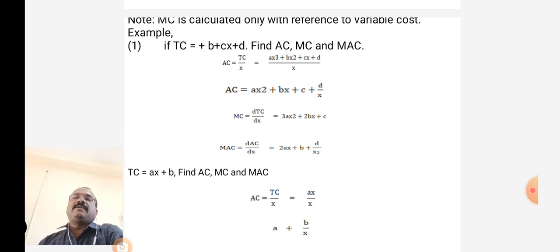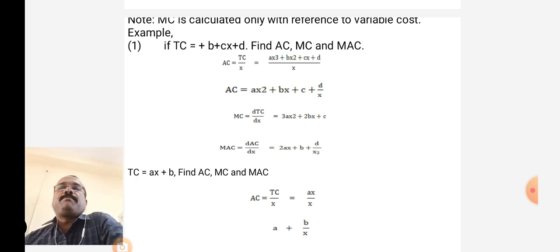The second is how average cost is derived. Average cost is also derived like this: AC equals ax square plus bx plus c plus d divided by x. So this is the way in which we derive average cost.